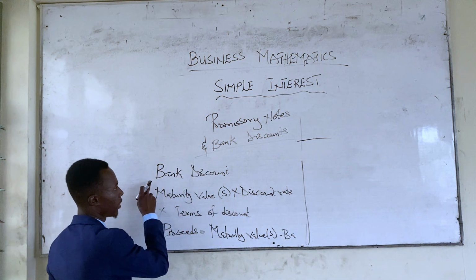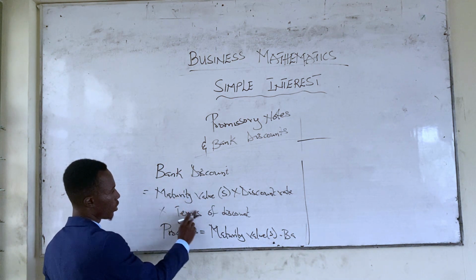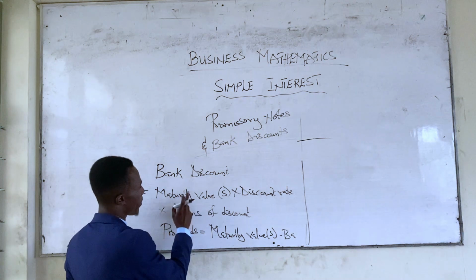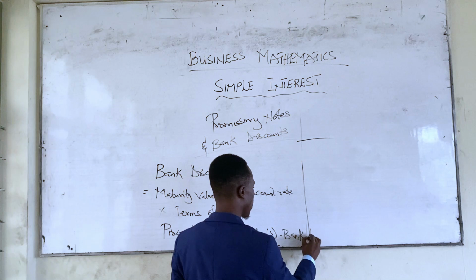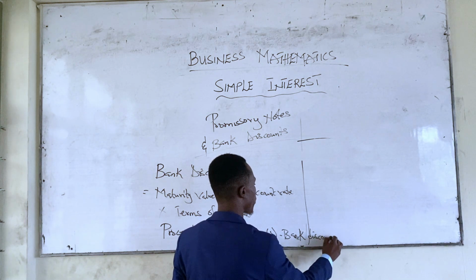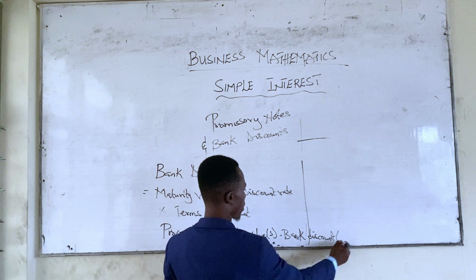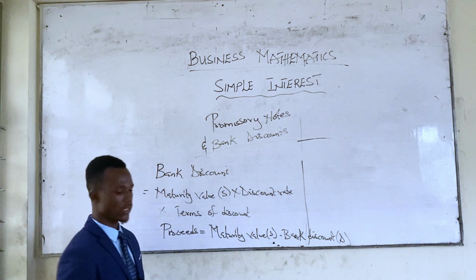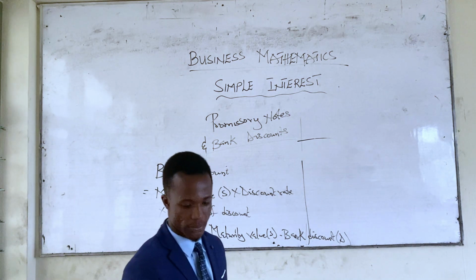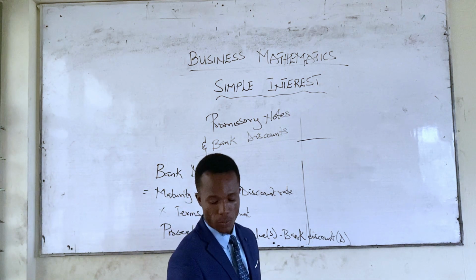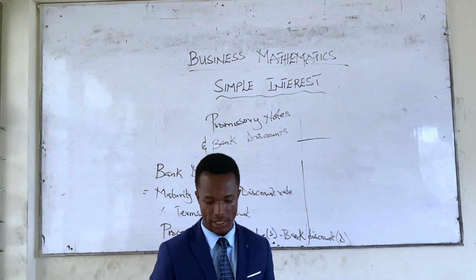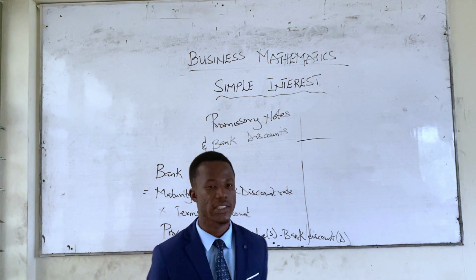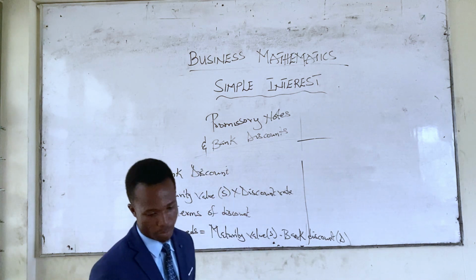At that time, you have already calculated the bank discount, so you just bring it here. It's very simple. This is S, this is D. When we start solving a question under it, you will understand it more. So let's look at some examples to get our understanding for the promissory note.